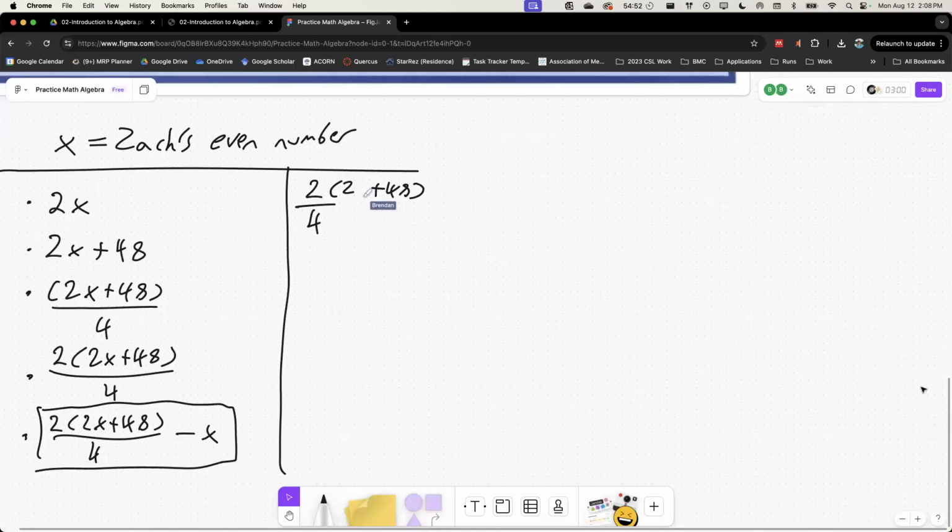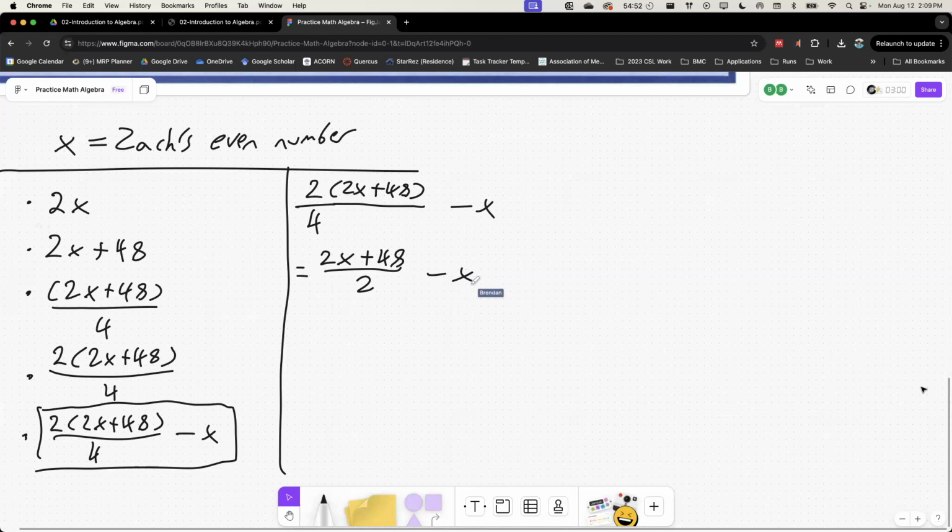So we got 2x plus 48, and then this minus x on the side here. We can divide out that 2 by the 4. So 2 divided by 4 will be 2 on the bottom of the fraction. So what we're left with is (2x plus 48) divided by 2, and then minus x on the right side here.